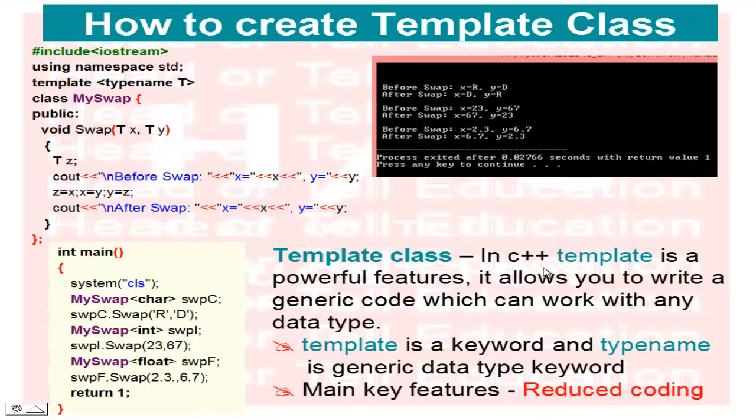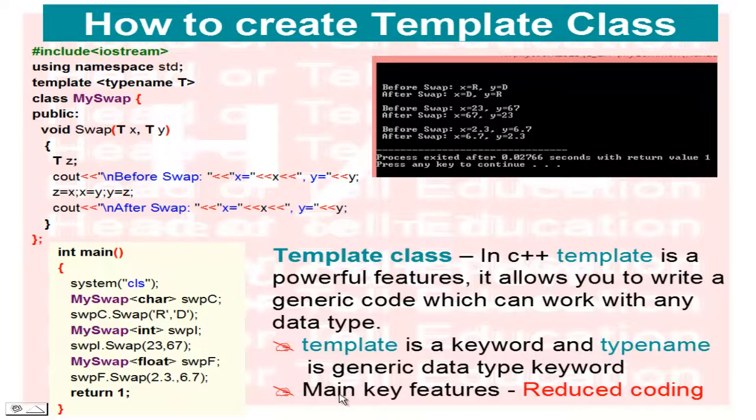So in C++, template is a powerful feature. It allows you to write generic code which can work with any data type. So template is a keyword, and typename is the generic data type keyword.